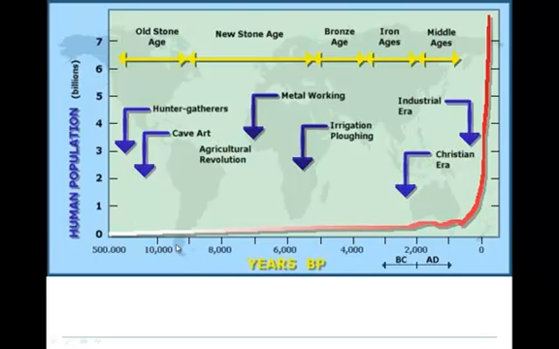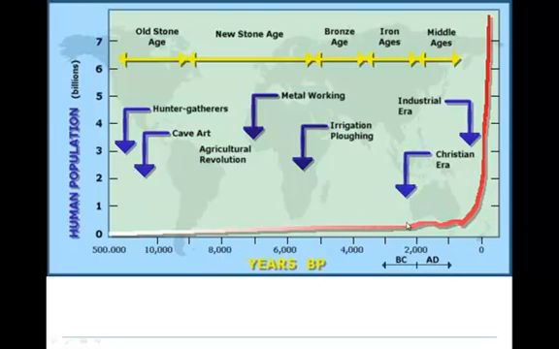For a very long time, tens of thousands of years, essentially our species has been on the planet for around 200,000 years, and for most of human history, we've had a very small population.